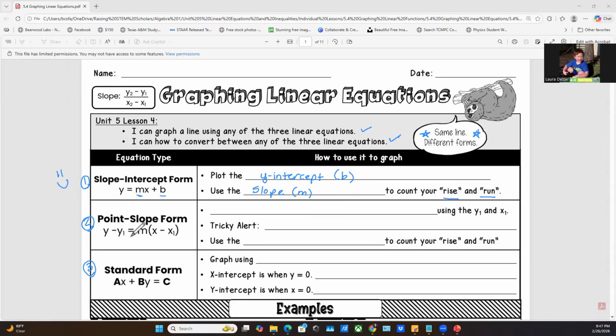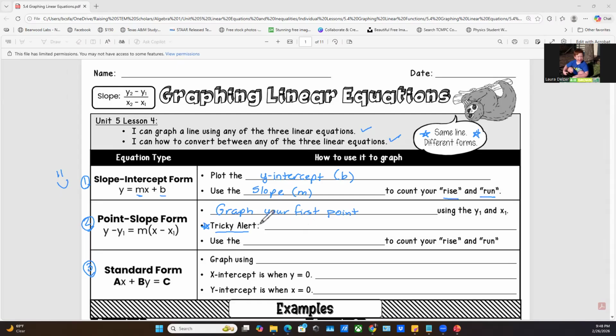Now, point-slope form is easy, but with a twist. It's rated a 2 for difficulty. What you're going to do is graph the first point using the y1 and the x1. Now, tricky alert. This is a thing you've got to watch out for.